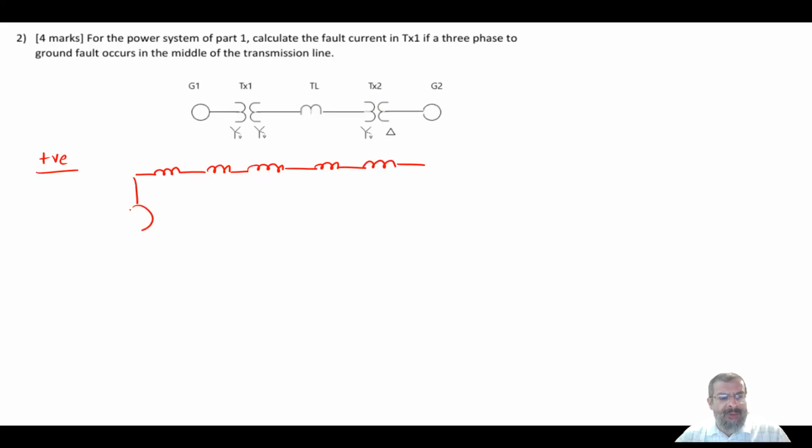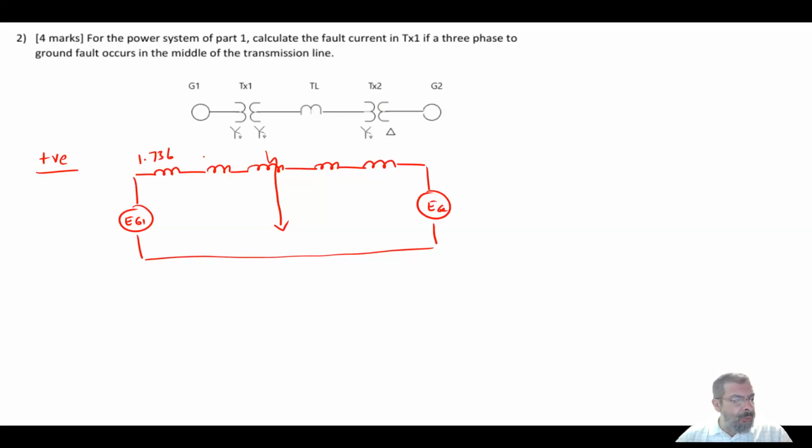So basically here we have EG1 and EG2, and the fault happened at the middle of the transmission line. This is the impedance of the generator, which is 1.736. This is 0.233. The impedance of the transmission line is 0.189.